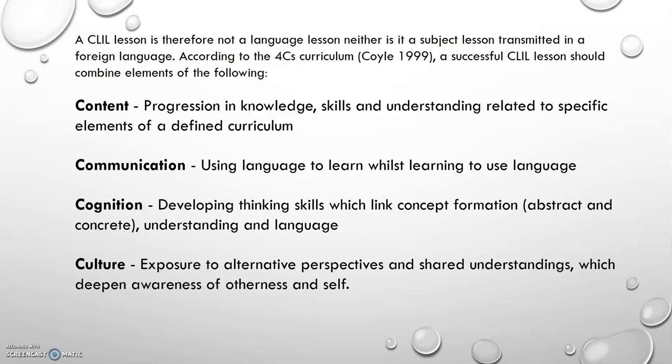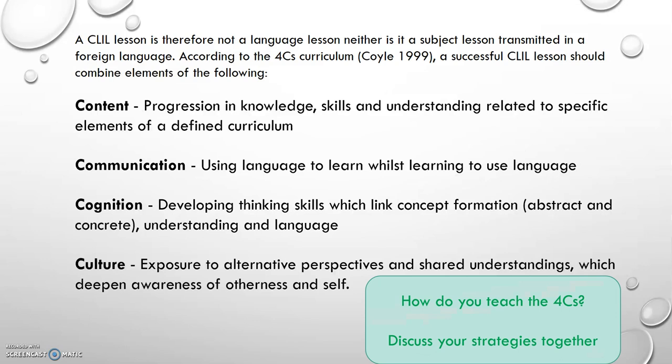Exposing students to different perspectives, different understandings of the world, giving them a deep awareness, comparing your own culture with others. But whose culture are you teaching? Interesting question. So, how do you teach these 4 C's? I want you now to discuss your strategies together. Please pause the screencast.